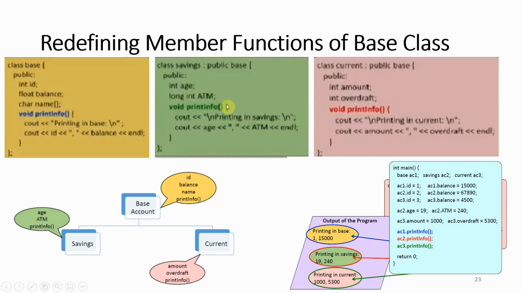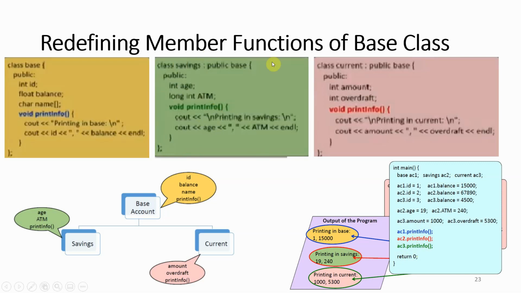Now if an object of class savings, AC2, calls print info, it would call this one. It wouldn't call the base one.